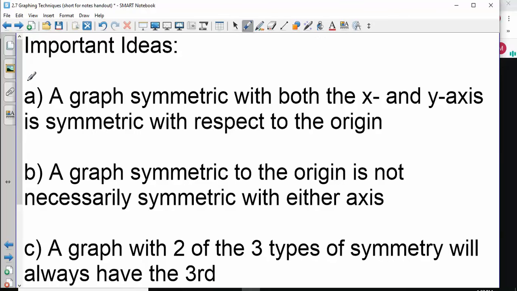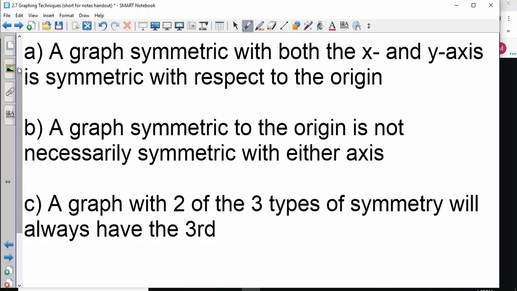There is a slide. This is in your book, and so I put it up here. This isn't necessarily anything you have to remember. Basically, it's telling you some properties of symmetry. If you check symmetry, we have 3 different types. You might get all 3 of those to be no. We might get all 3 to be yes.